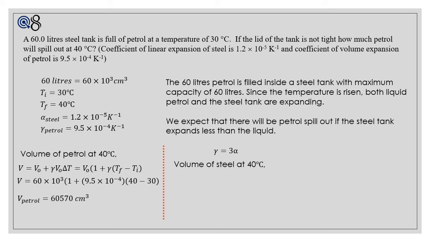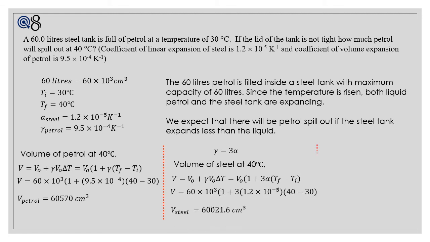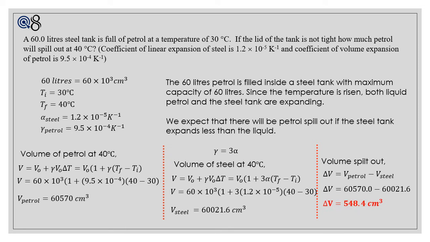So the volume of steel at 40 degrees Celsius, we can get it as 60,021.6 centimeter cube. And finally, we can calculate the volume spilled out by using this formula. Delta V equals V petrol minus V steel. And finally, we get the answer, which is 548.4 centimeter cube.